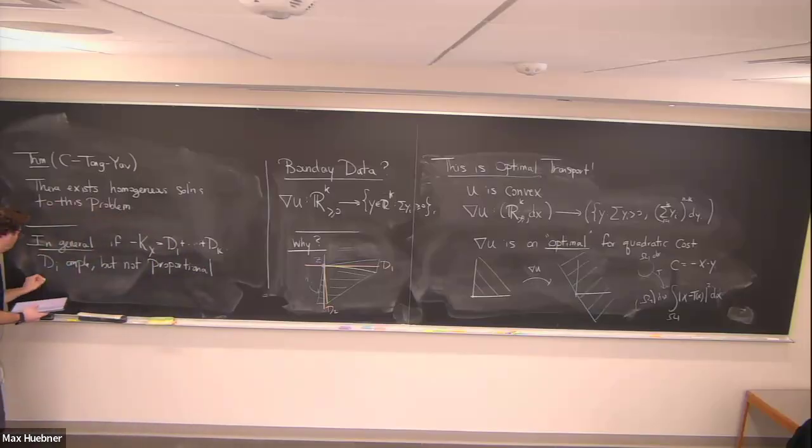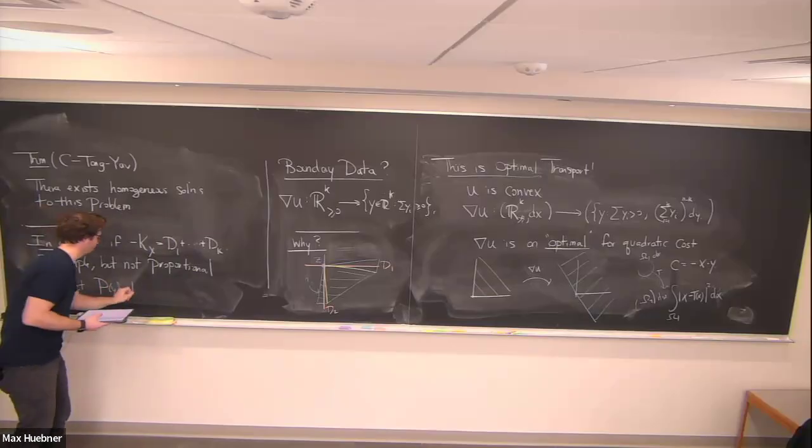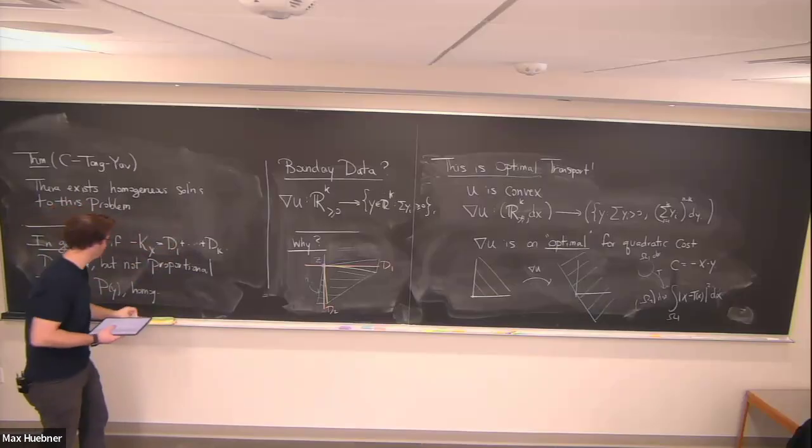You get a polynomial P of y, which is homogeneous of degree n minus k.